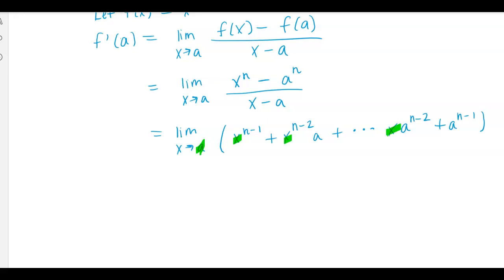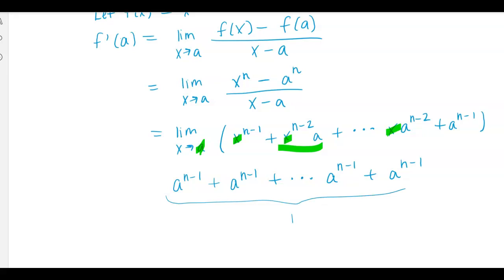So we're going to end up getting a to the n minus 1 power plus, looking at the second term here, I have a to the n minus 2 and a to the first. So that also is going to become a to the n minus 1, and so on. Each of these terms, when we plug a in, we're going to get this. And we have n of these.